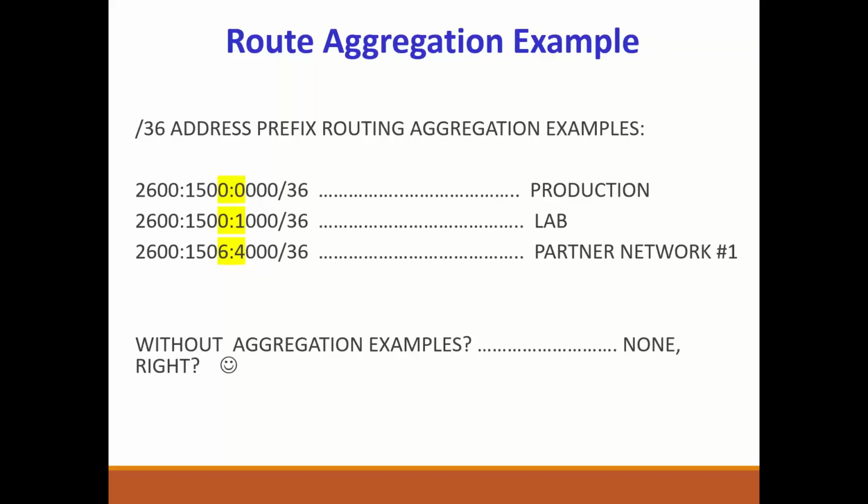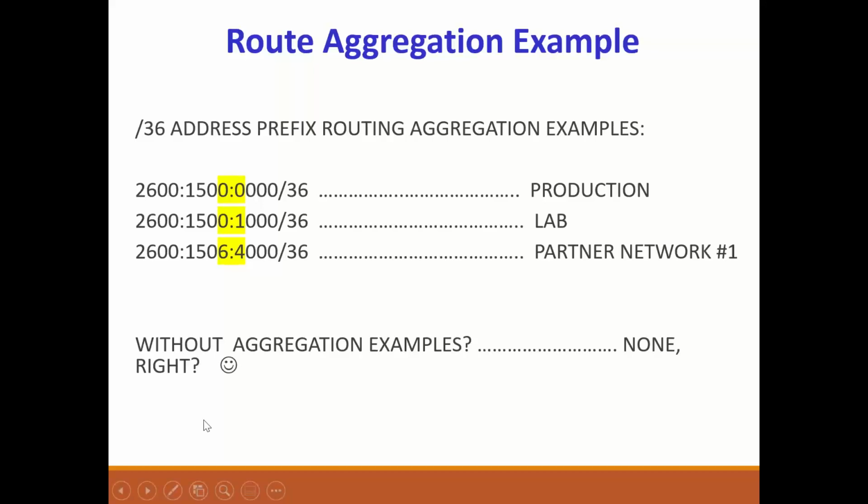That means that anything in the production network, or any partner network, or even the internet, that has destination addresses in that space anywhere can just send to that one address. They only need one entry in their routing table. That's good, that's clean, and that will help you perform better and contribute to availability and management, etc. Same thing for the lab and the partner network one. So that's good, that's clean.